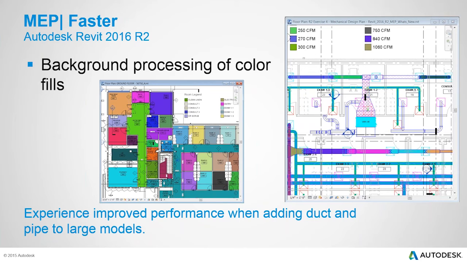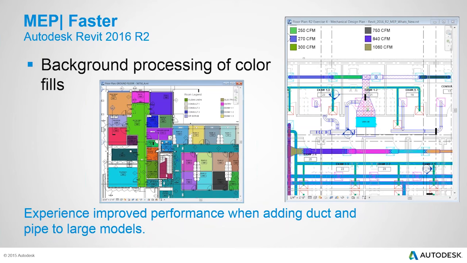Historically, whenever we had a model change that would affect a room or a space or a duct, it would update each view even if it wasn't open. This just slows the whole thing down. So it comes back to that, if it doesn't see it, it's not going to process it scenario. So this is going to make life a lot quicker rather than having to hang around and wait for multiple updates that you can't even see.